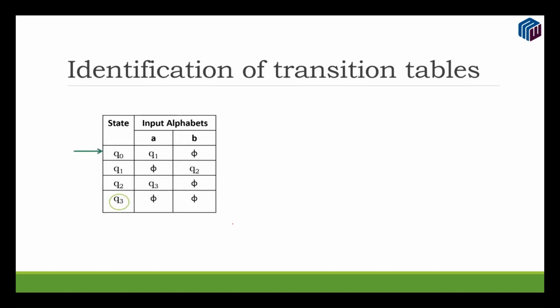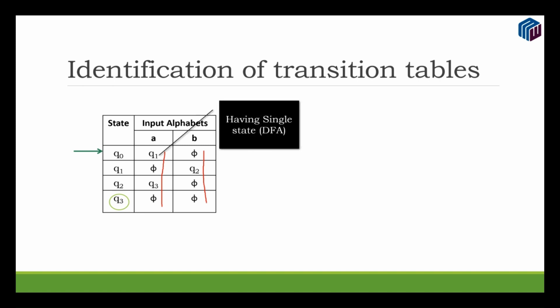In this table we have the states, input alphabets A and B, and the states in the output. Here all the states are single states only. If you have single states, it is called a DFA. If the output states are single, it is a DFA.